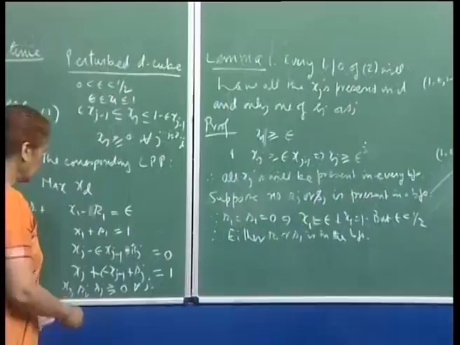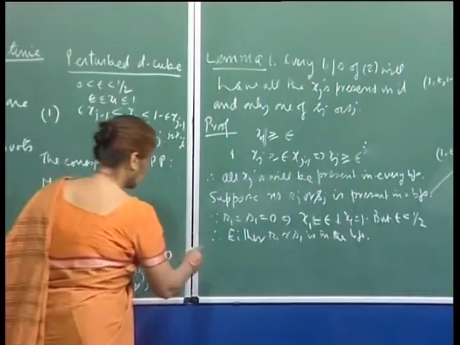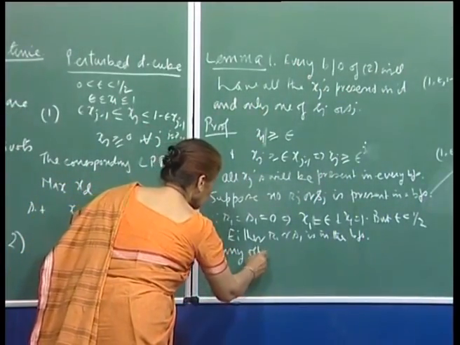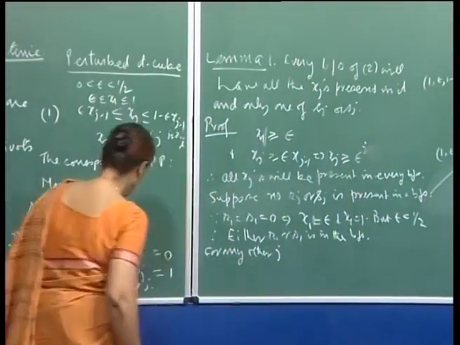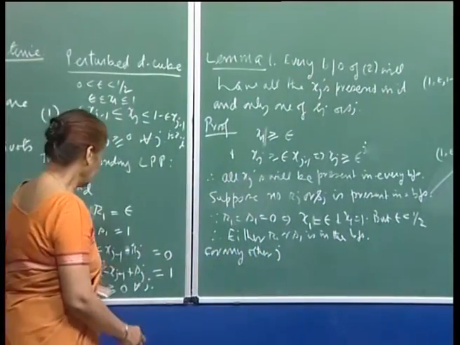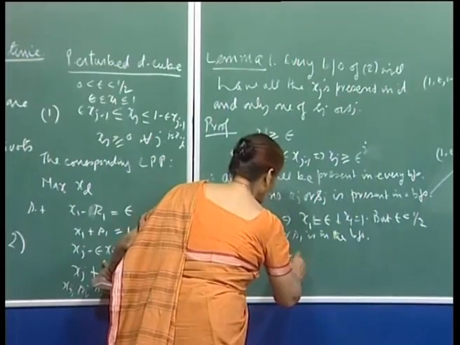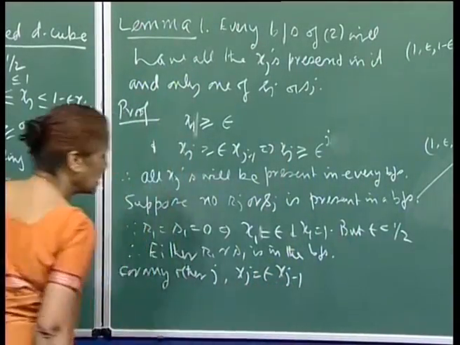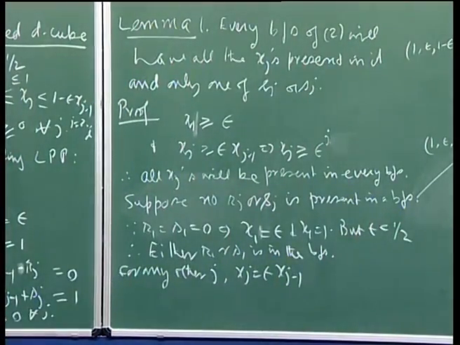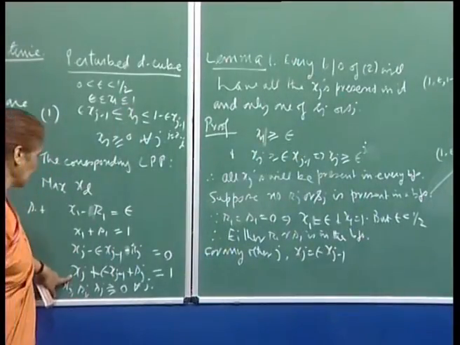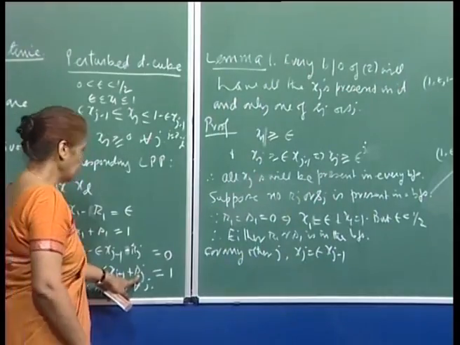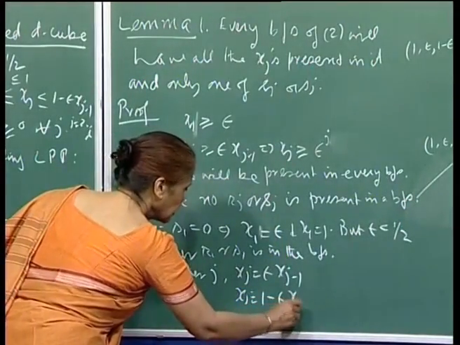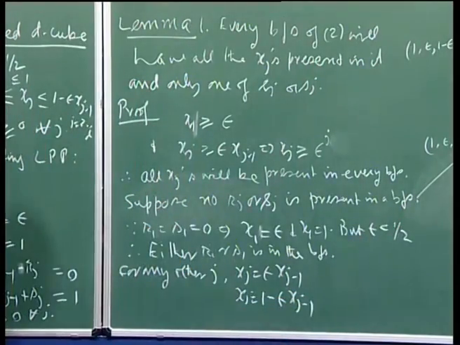Now look for any other j. Since rj is 0, you get from here that for another j, xj is equal to epsilon xj minus 1, right. And from the second constraint, because sj is 0, xj is 1 minus epsilon xj minus 1, right.